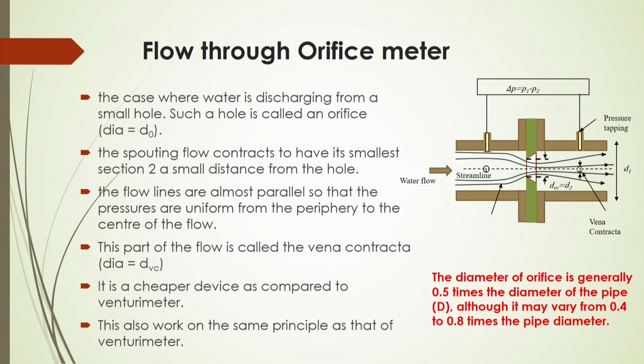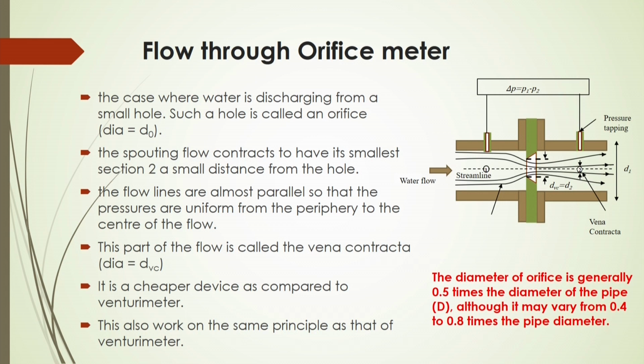Now, what should be the flow through an orifice meter? In this case you will see the case where water is discharging from a small tube. The whole of this orifice meter is important, and the hole is called an orifice.